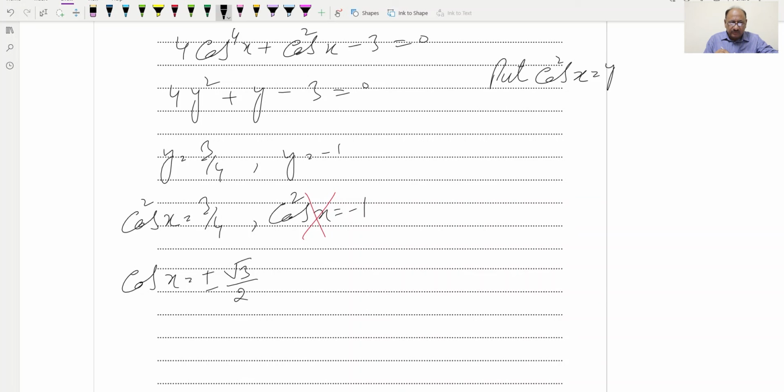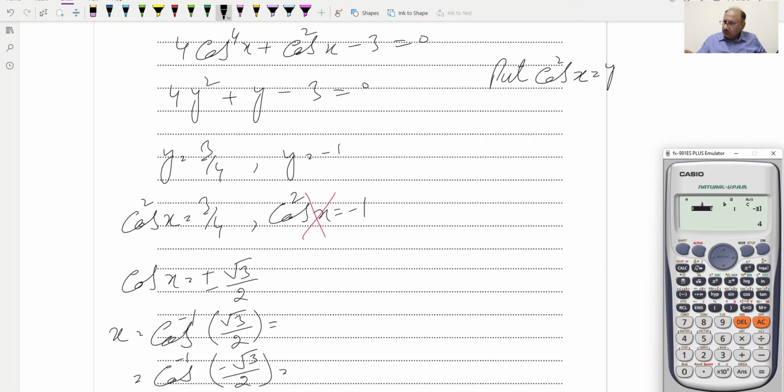So x will be equal to cos inverse of positive root 3 by 2, and the second value will be cos inverse of minus root 3 by 2. We can find these values in radian mode.